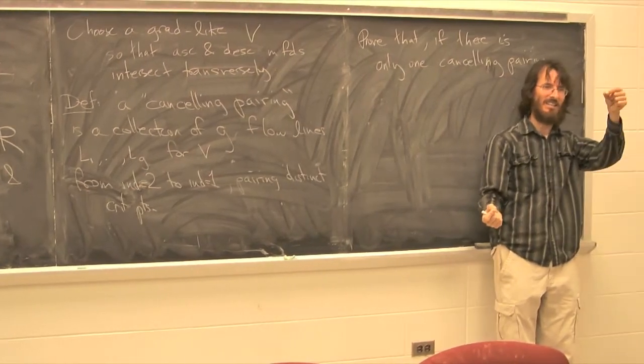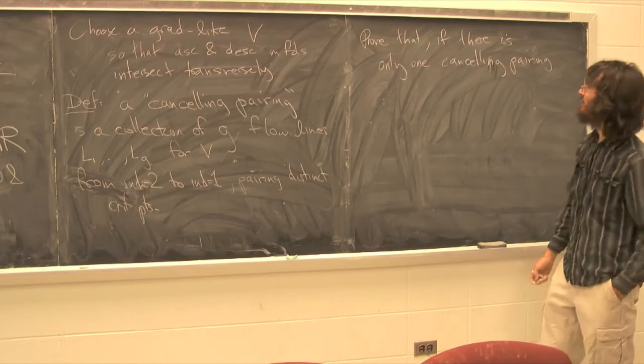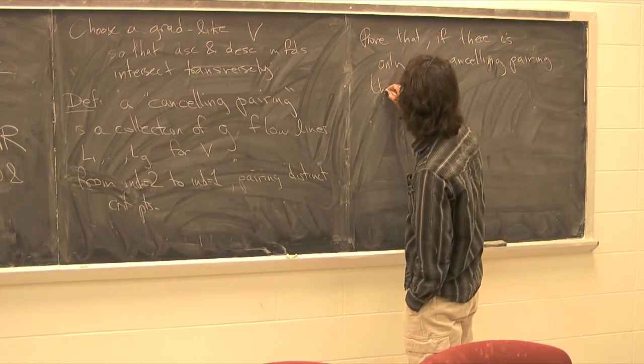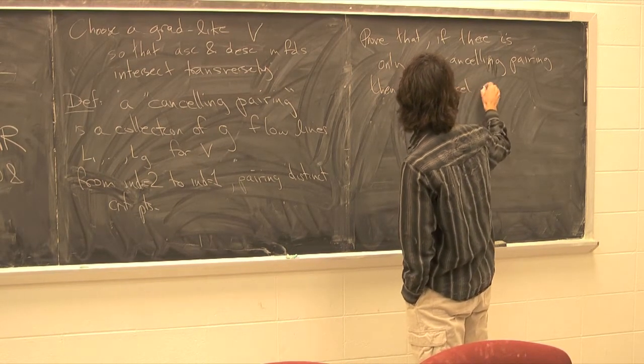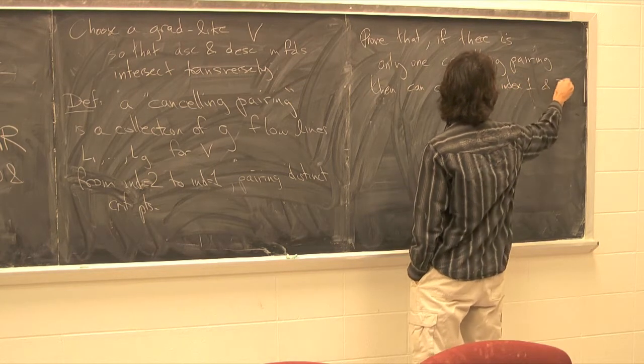However, it might not be a cancellation because there may be lots of other flow lines between them as well, and that's a problem, right? But if there is only one canceling pairing, then you can cancel all index 1 points.